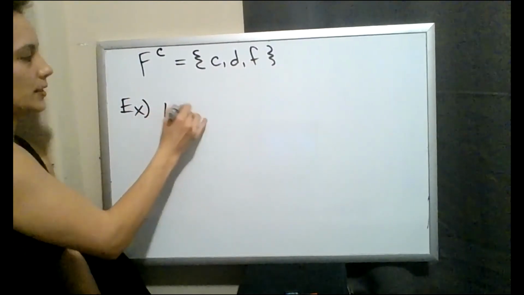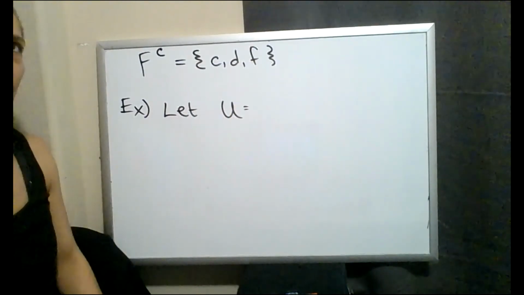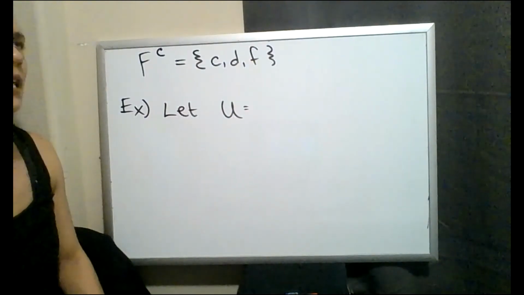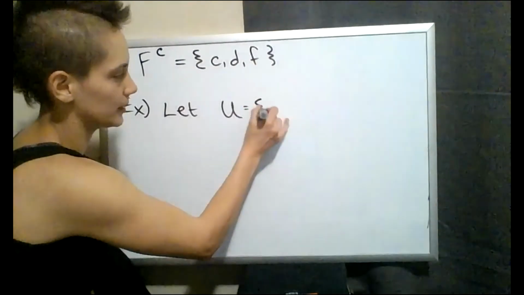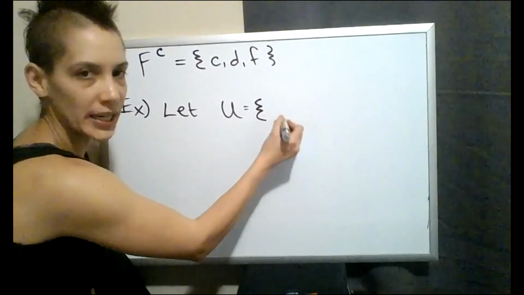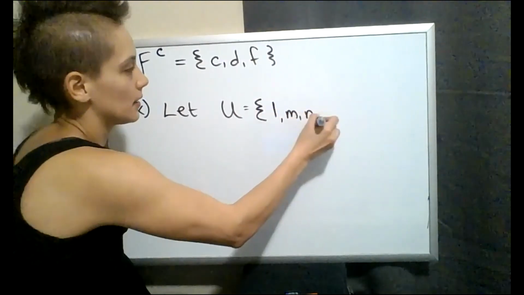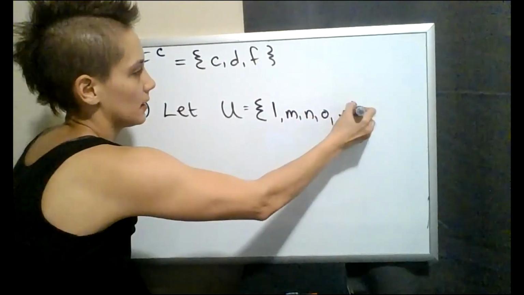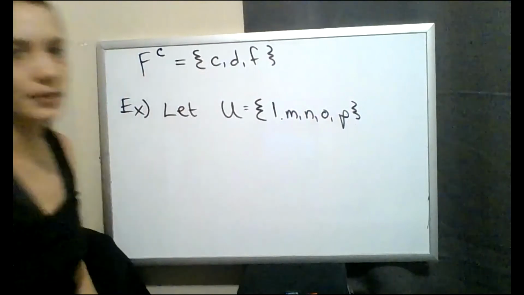So our universe, U, will have L, M, N, O, P. So you start your set, you put in your elements, lowercase letters for elements, and then you close the set with a bracket.